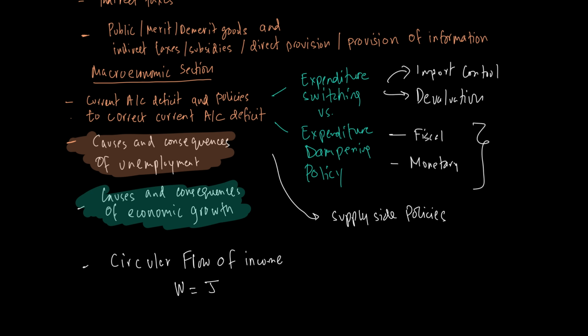So please prepare causes and consequences of unemployment and economic growth really well. And then lastly, the circular flow of income. We did a question which came in the India paper, which is the basic form of circular flow of income, which is how your question will be as well. So I feel strongly about being prepared for circular flow of income for your essay question.